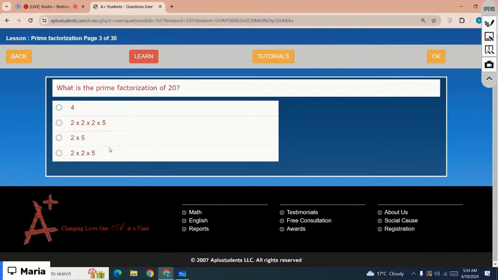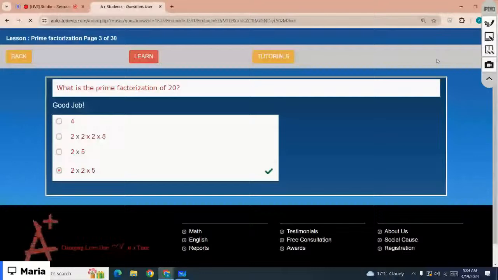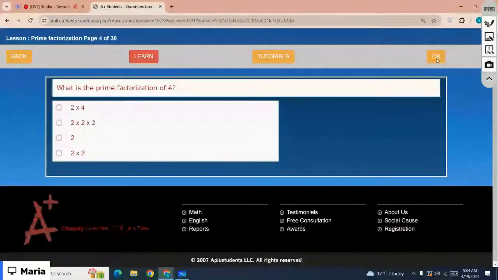That is 2 times 2 times 5 is the correct option. What is the prime factorization of 4, which is the correct option? Yes, that is 2 times 2.